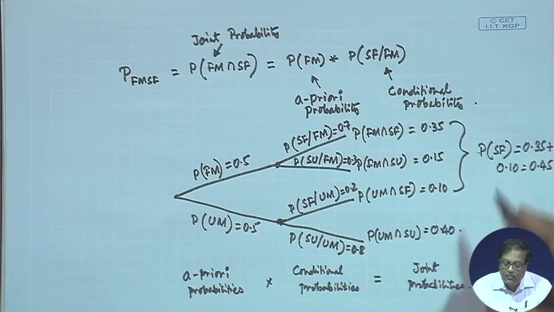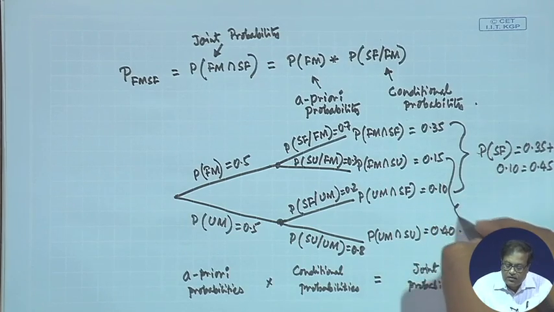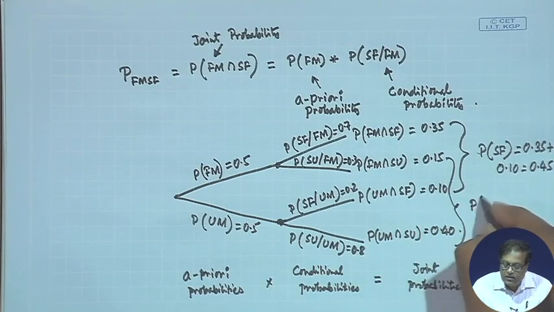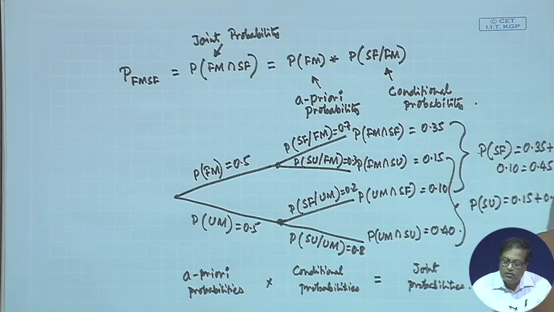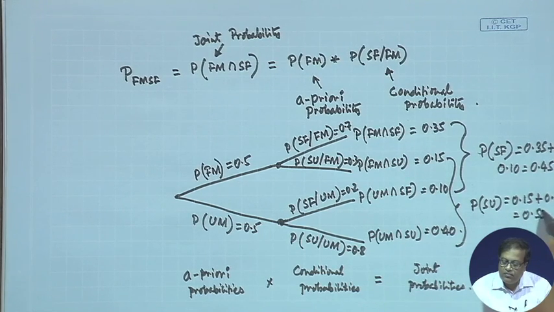Whereas, if I add these two, then we get probability of survey unfavorable, which is 0.15 plus 0.40 equal to 0.55.